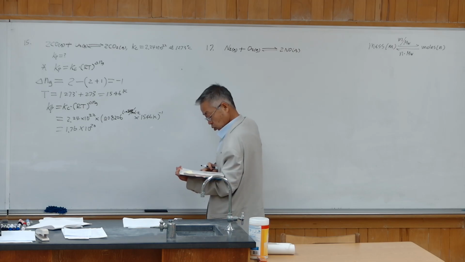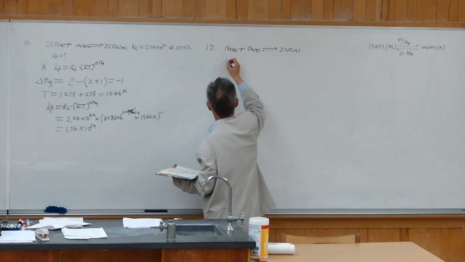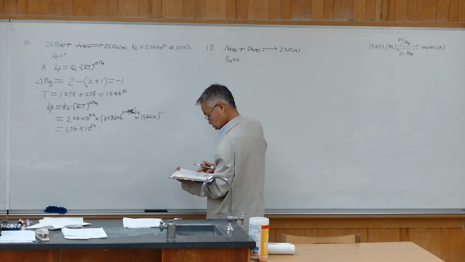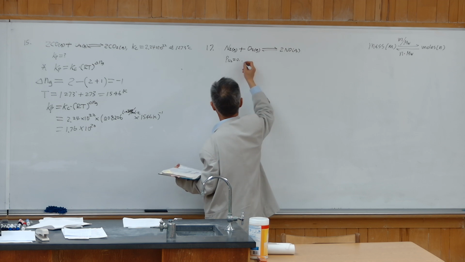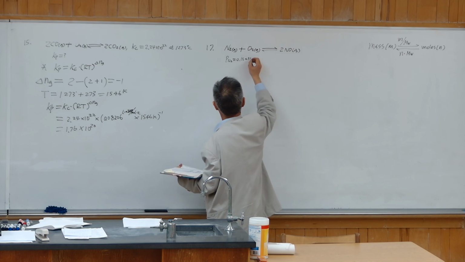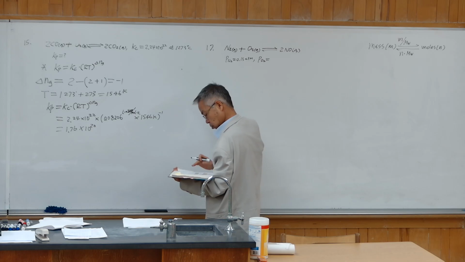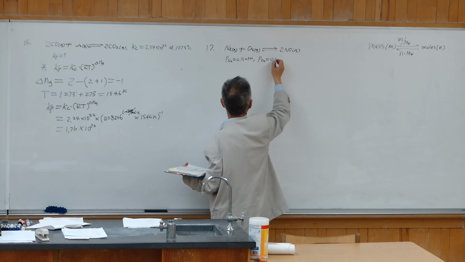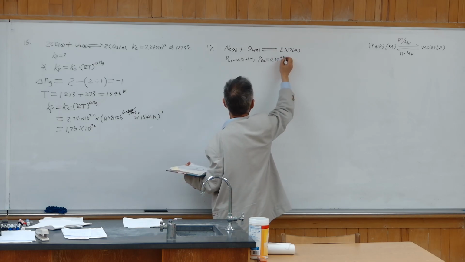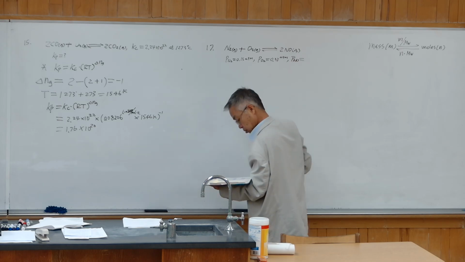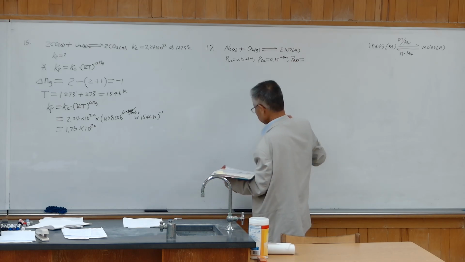If the equilibrium partial pressures of N2, O2, and NO are: PN2 is 0.15, PO2 is 0.33, and PNO is 0.05.